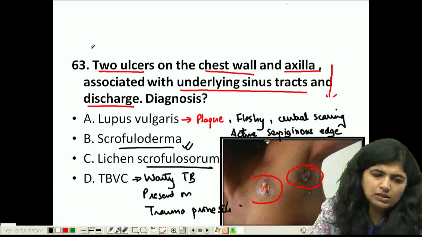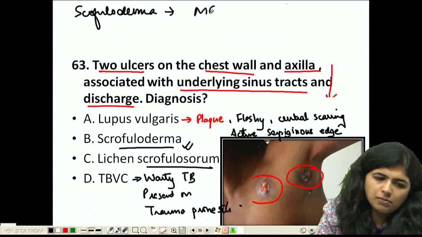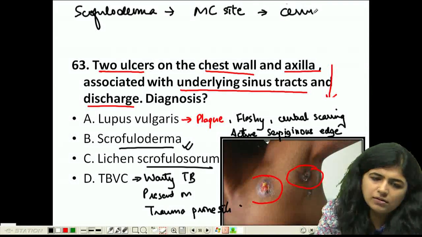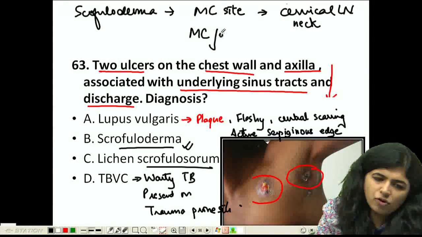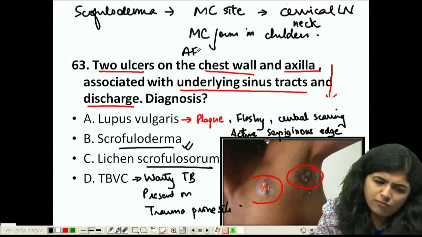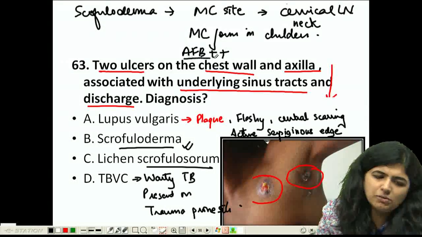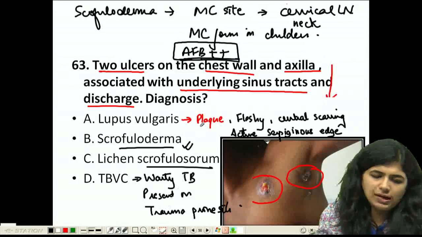Another fact, that scrofuloderma, most common site is the cervical lymph node, which means neck, and it is the most common form of TB in children in India, and it is AFB positive. There will be copious amount of AFB in the discharge, right?